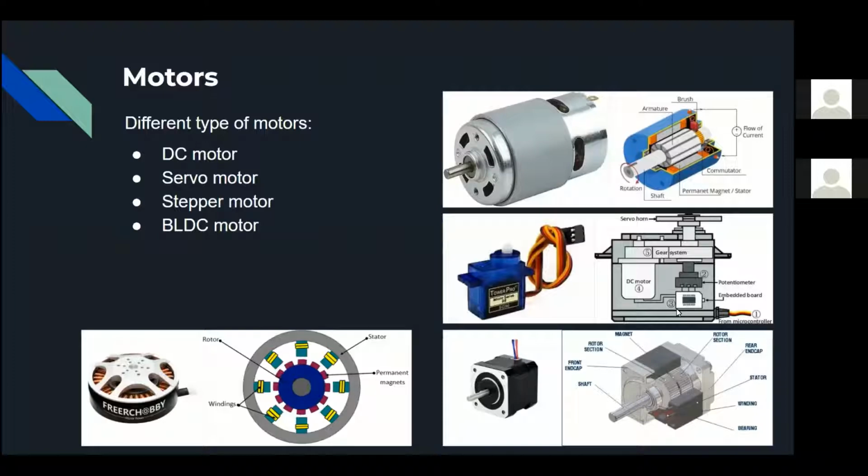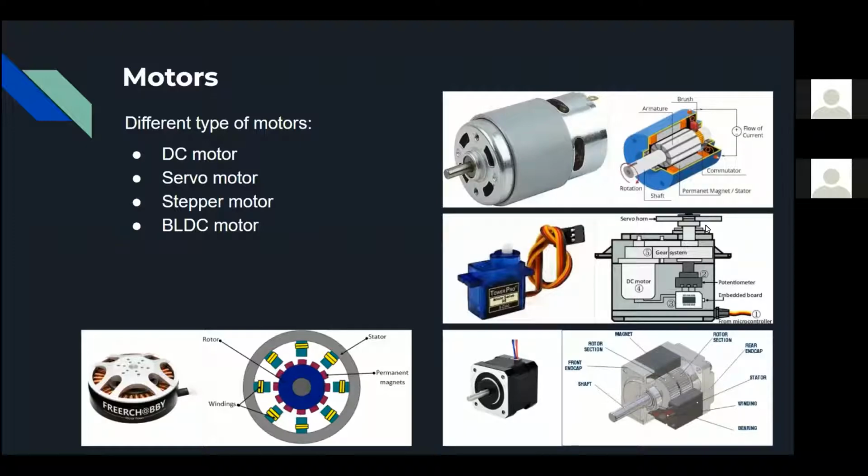You will provide a particular signal to the servo, which is used to control the DC motor through this embedded board. The small microcontroller board will be present, and it will provide a signal that helps the motor rotate 30 degrees.